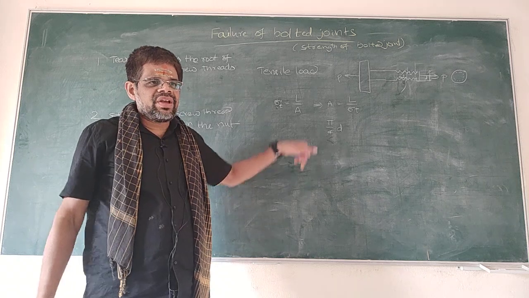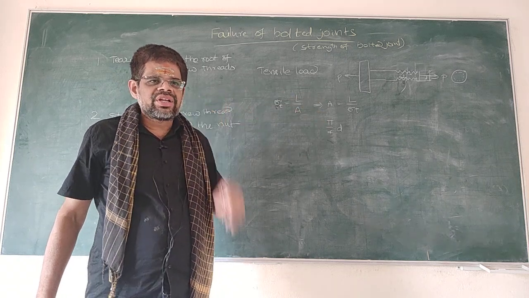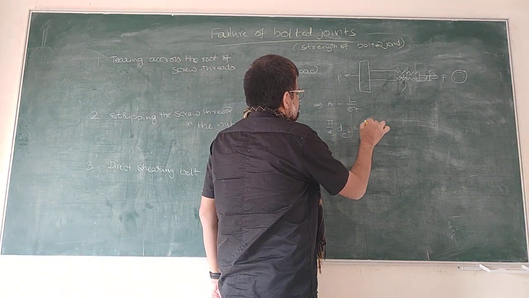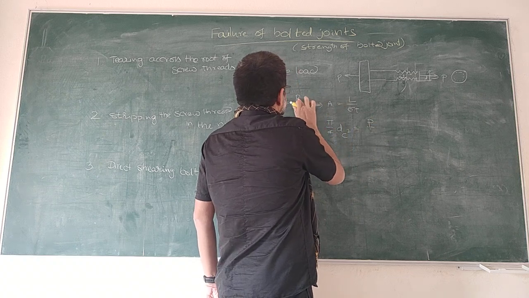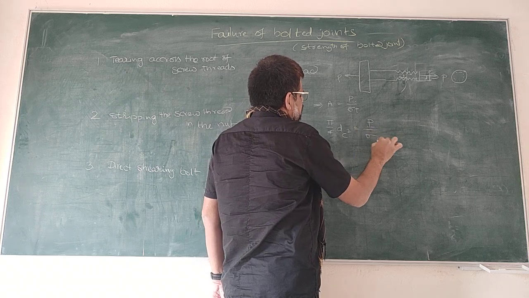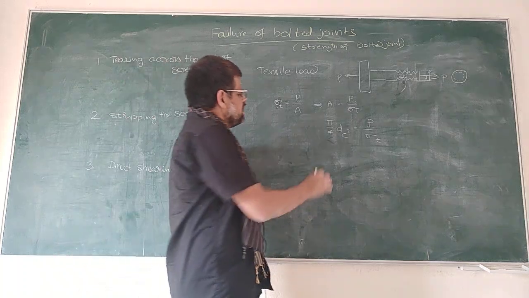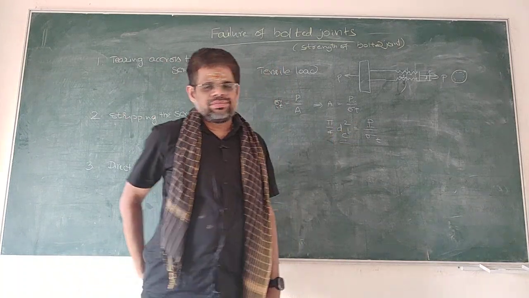DC square, because the failure occurs at the core. So DC is the core diameter or minimum diameter. At that point we have minimum cross sectional area. DC square is equal to P by sigma T, where the load is represented with P. Now by using this formula, you can determine the value of DC, the core diameter.